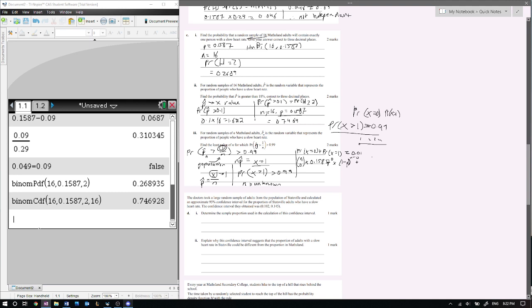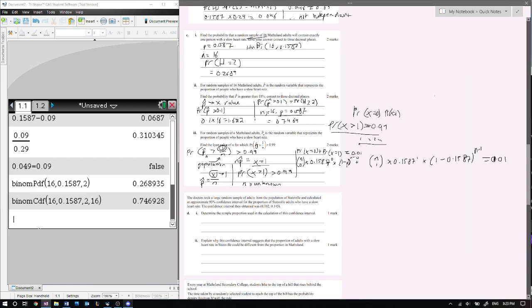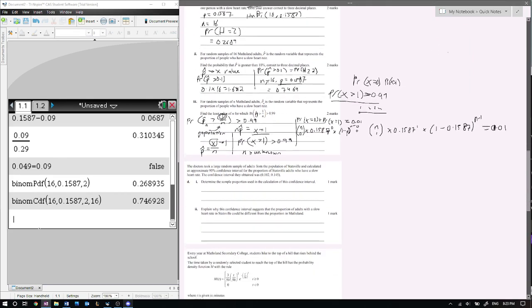Plus n choose 1 times 0.1587 to the 1 times 1 minus 0.1587 to the n minus 1 is equal to 0.01. Okay. So, if you have any questions on how I've done that, please ask.